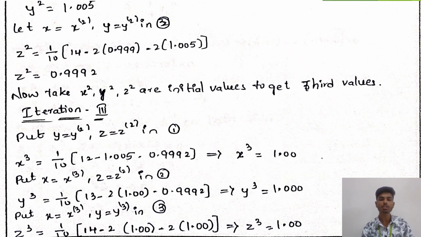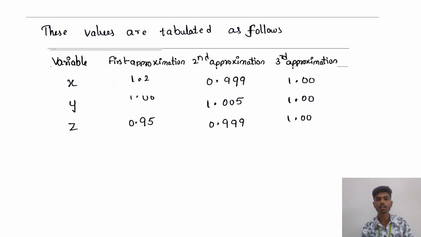By taking x1, y1 and z1, x2, y2 and z2, and x3, y3 and z3, we put these values in a tabular column like this. We write the first column as the variable, the second column as the first approximation, the third column as the second approximation, and the fourth column as the third approximation.